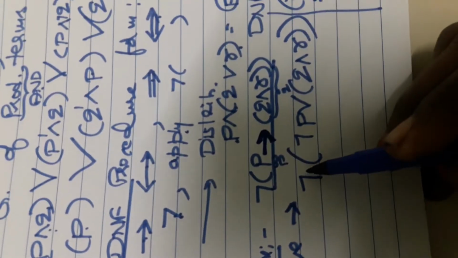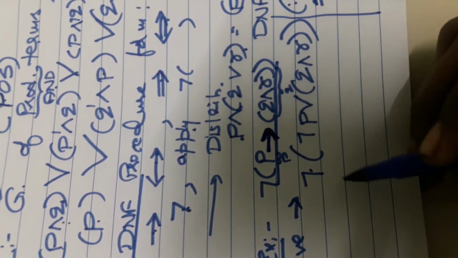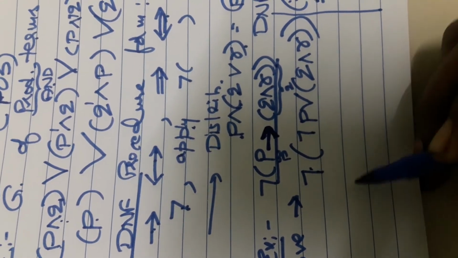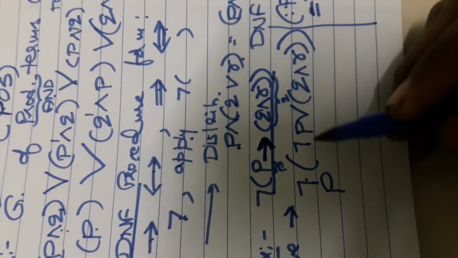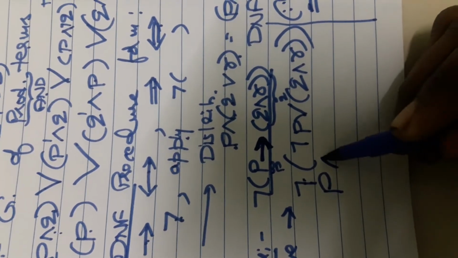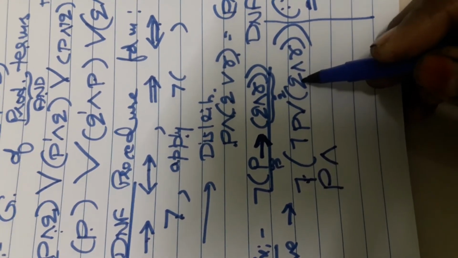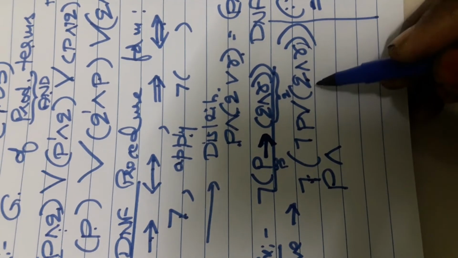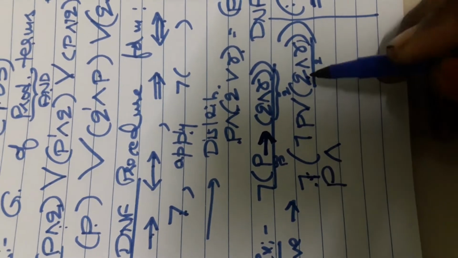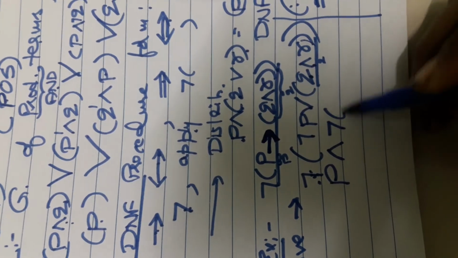That means you can make a product here. Negation of P means P you can write. Negation of R means and you can write. Negation of this total part, which you consider as Q, means negation Q.